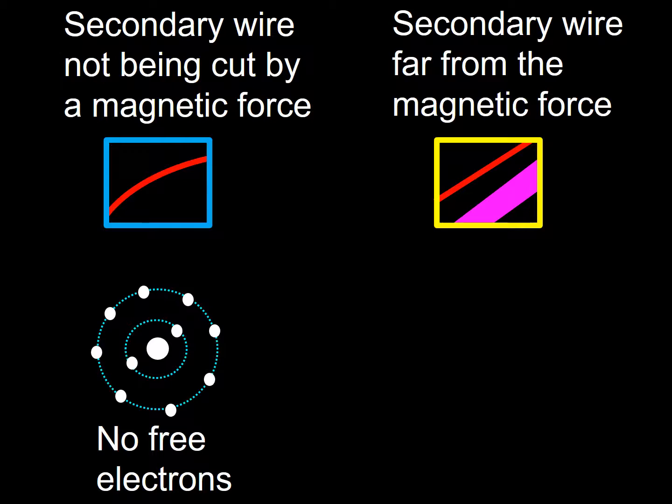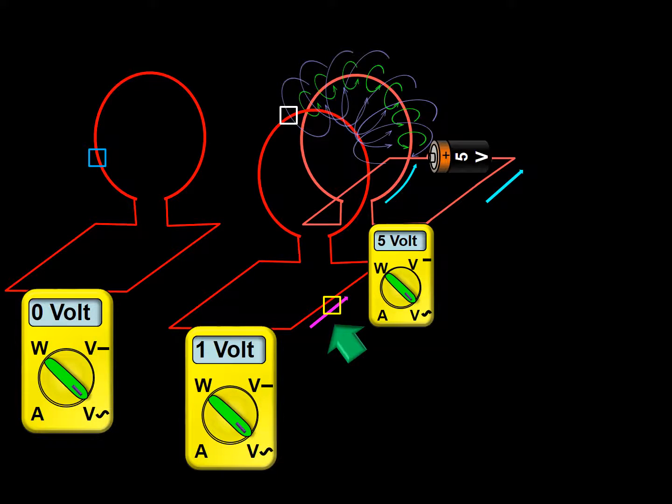Now I have introduced a yellow square. This yellow square represents a segment of the secondary circuit that is being cut by a magnetic force, but at a location where the cutting is not taking place. I have pointed the place by the arrow.